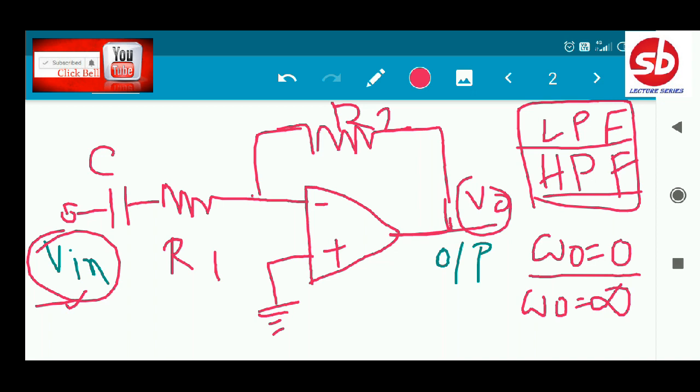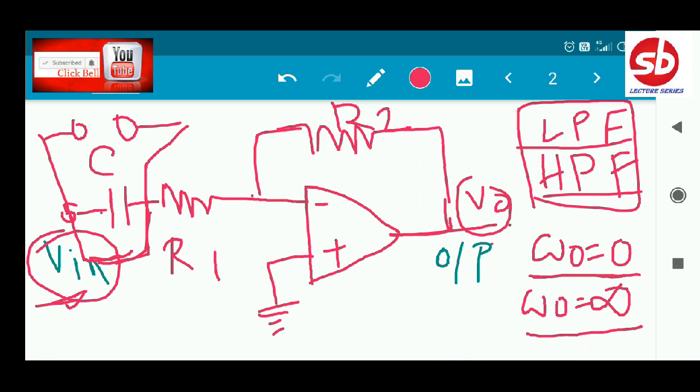If the input is coming into the output after opening the capacitor in this configuration, then you can say that for low frequency the input goes into the output. And also for high frequency you have to just short circuit the capacitor, and see whether after short circuiting the capacitor the input is coming into the output or not. So these are the two configurations.